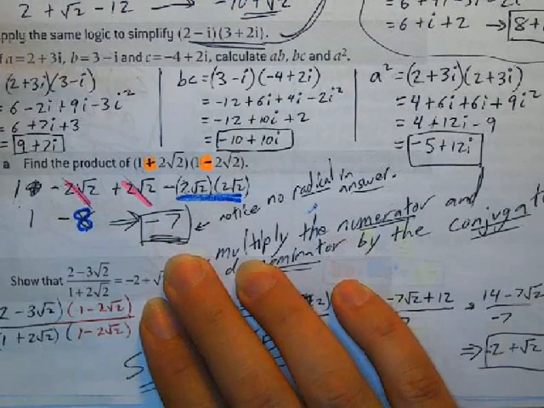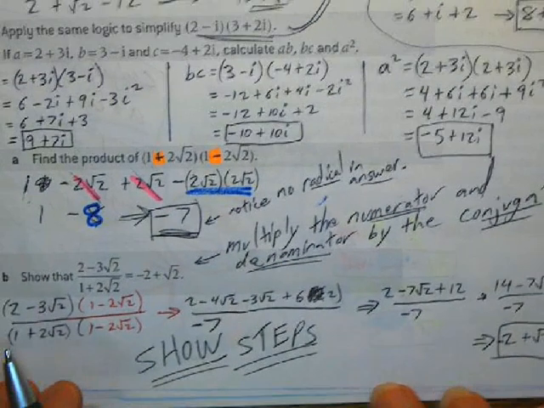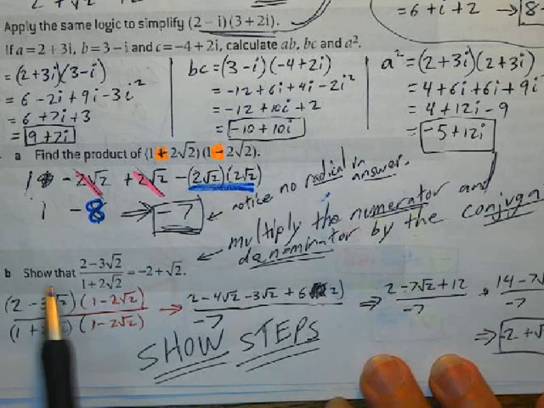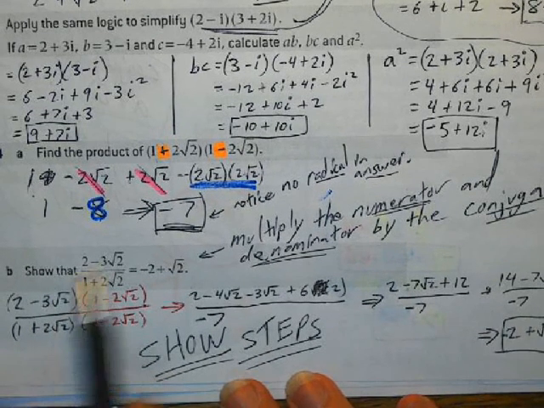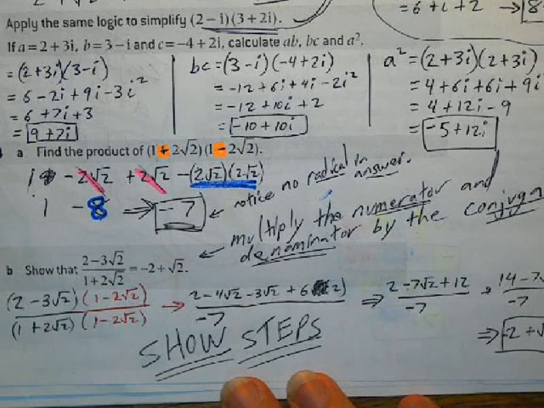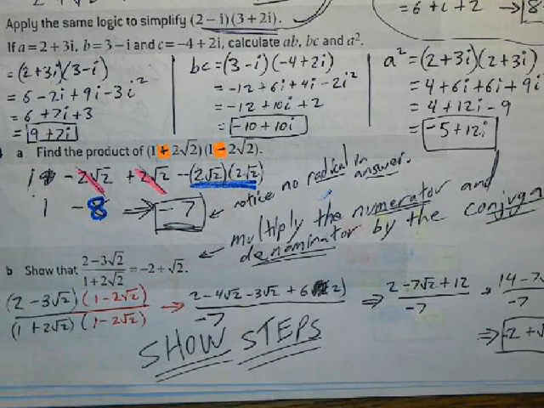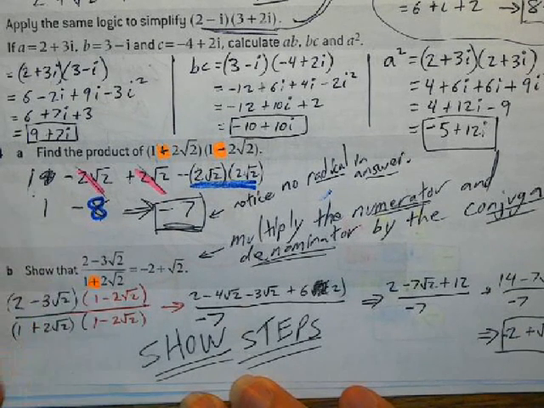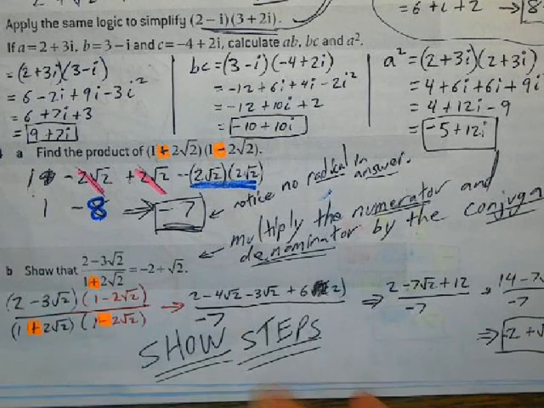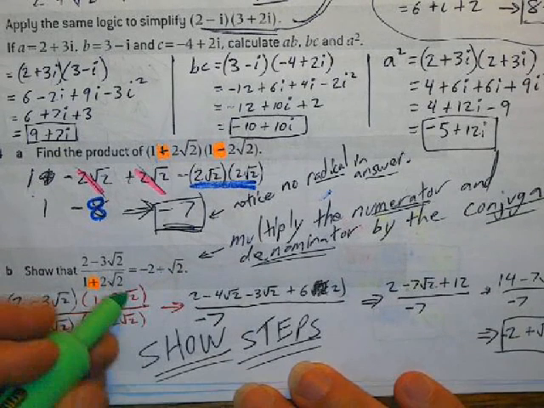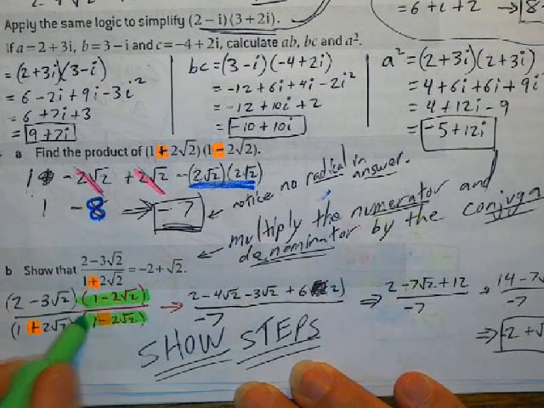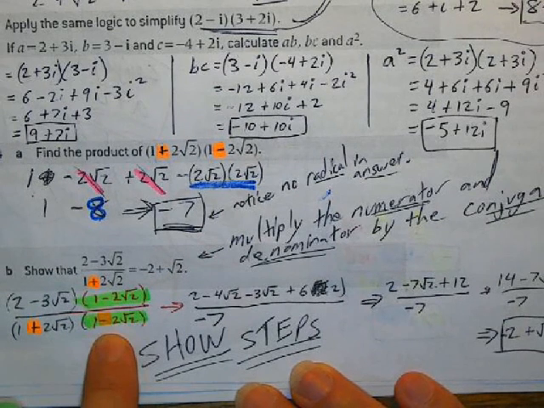Okay, so show that this is equal to this. Basically, what we're doing is we've got our plus symbol here, right? So now I'm going to change it to a minus, and what I'm highlighting in green, this is the conjugate, right?